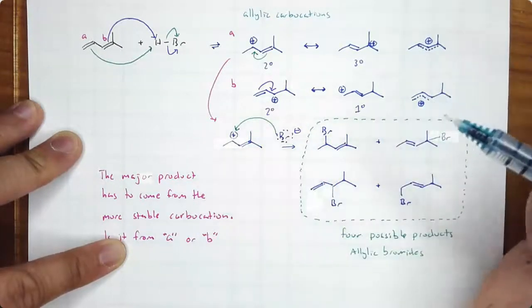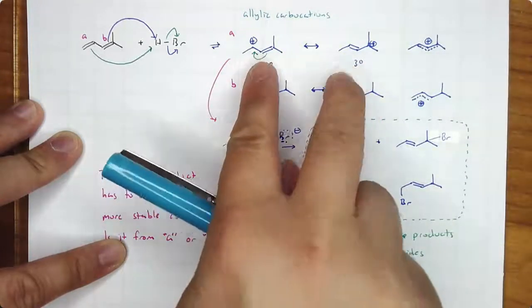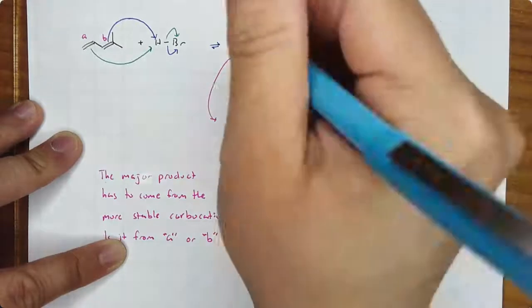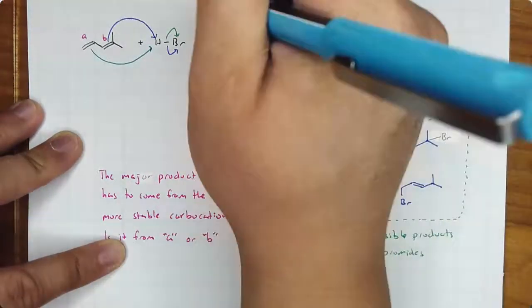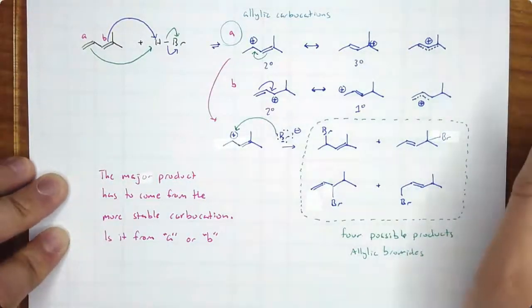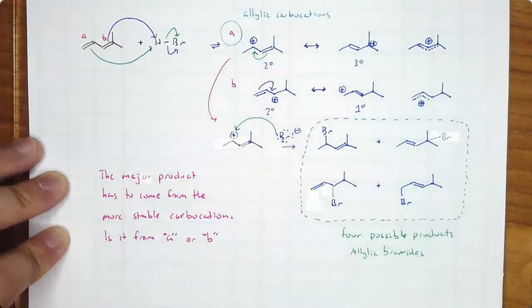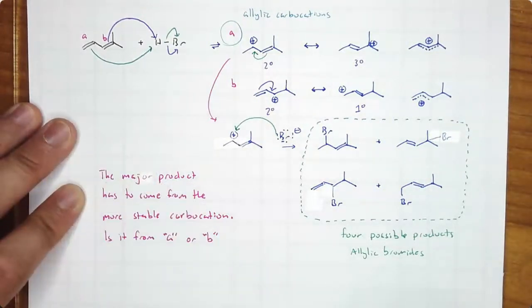But you can't really do the analysis by looking at the hybrid structure. You want to break it up and look at the contributors. So the conclusion from this analysis is A is the double bond we should use, and a better way to say that is A is the more reactive double bond.